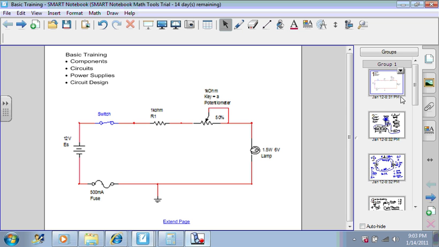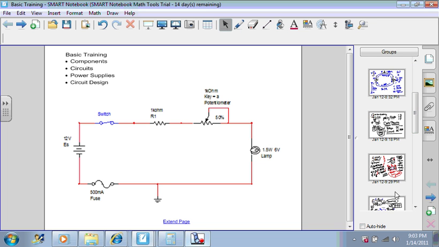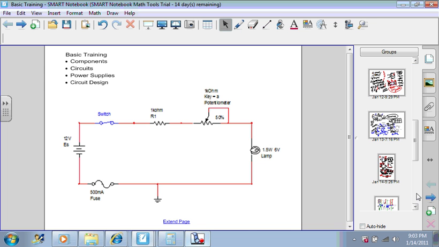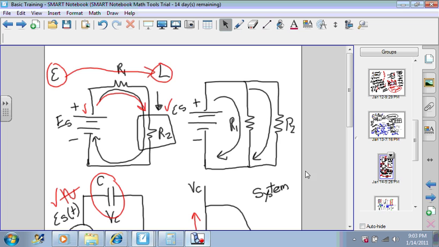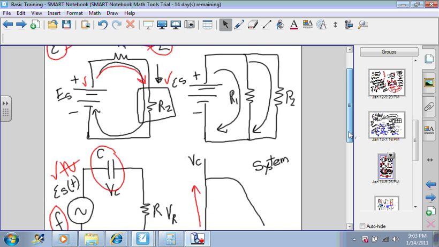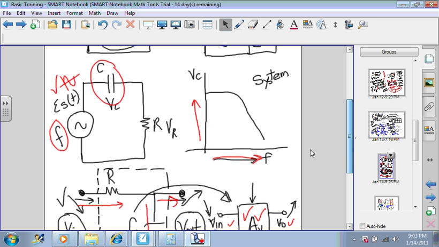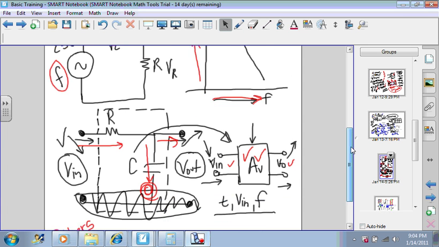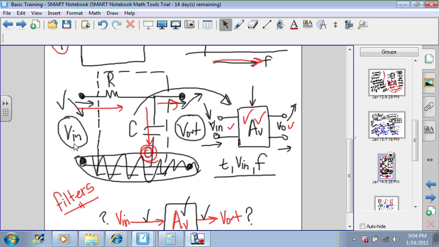In one of the videos, I introduced this concept of inputs and outputs when we were talking about filters. Here, in the electrical circuits analysis class, filters were introduced to the students, and the concept of inputs and outputs were introduced at that point.